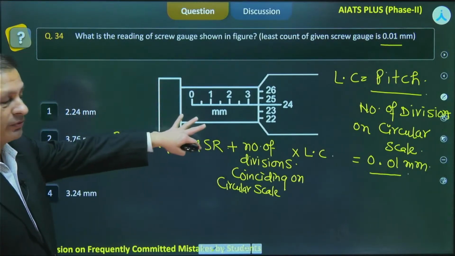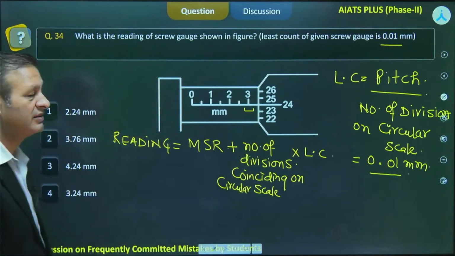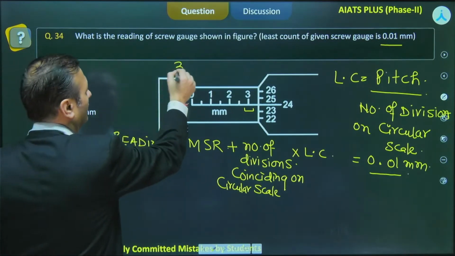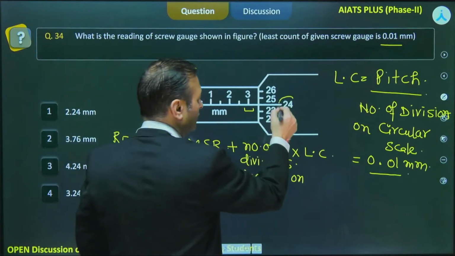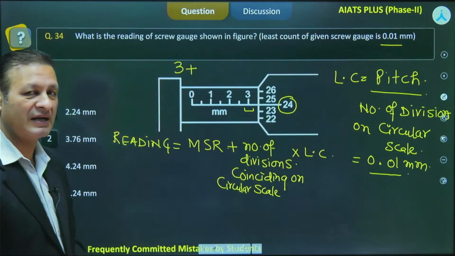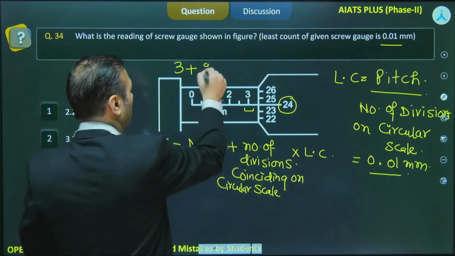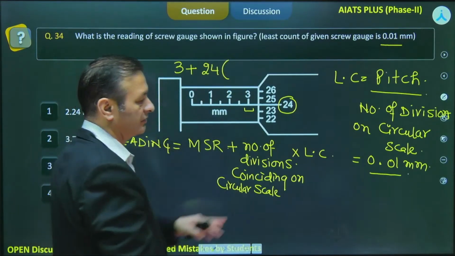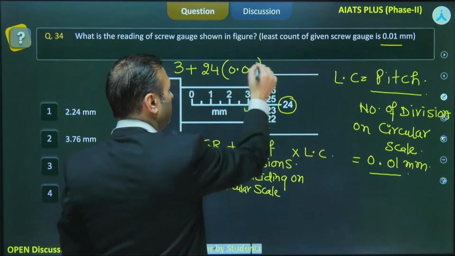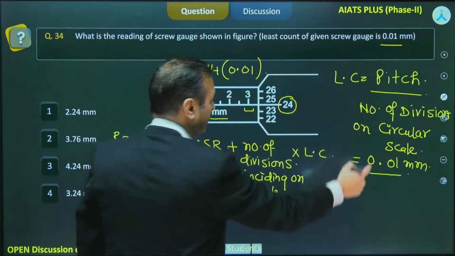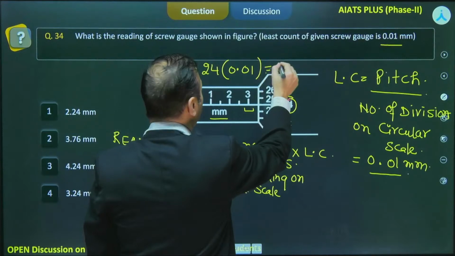So if you look at the figure very clearly, what is the main reading? Can you see the main reading as 3 plus? Can you see the reading which is clearly shown to you, that is coinciding with the main scale line, that is 24, and the least count given to us is 0.01 millimeter. This is also in millimeter, and when you solve it, what will you get?